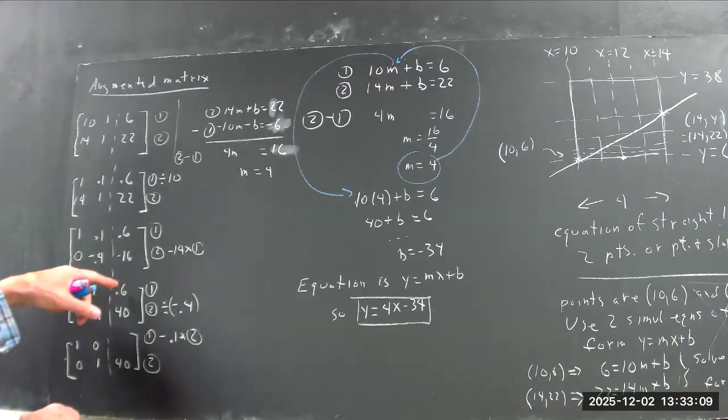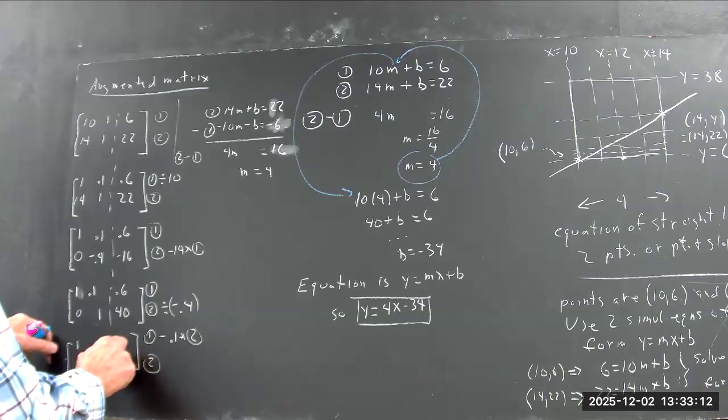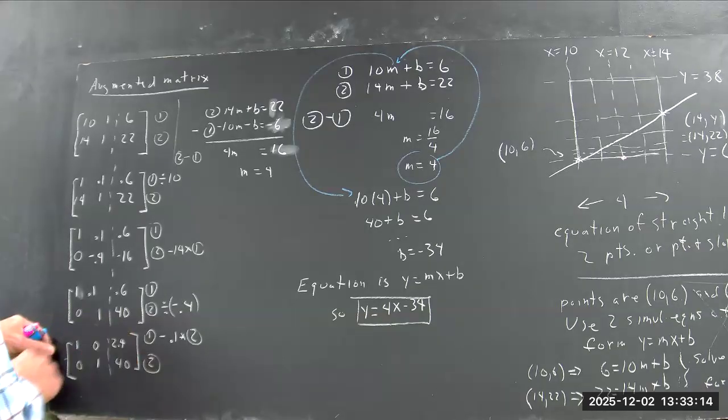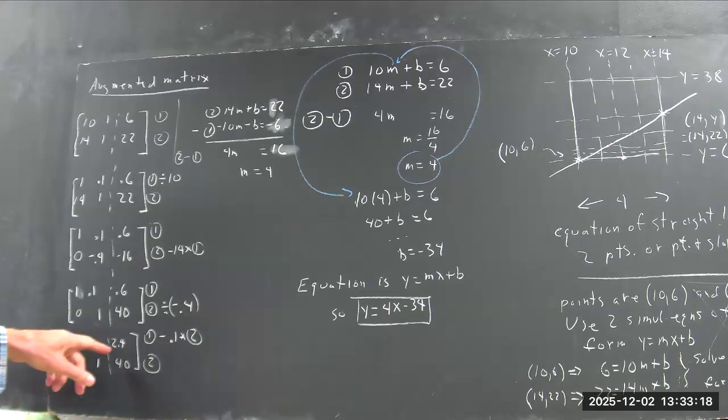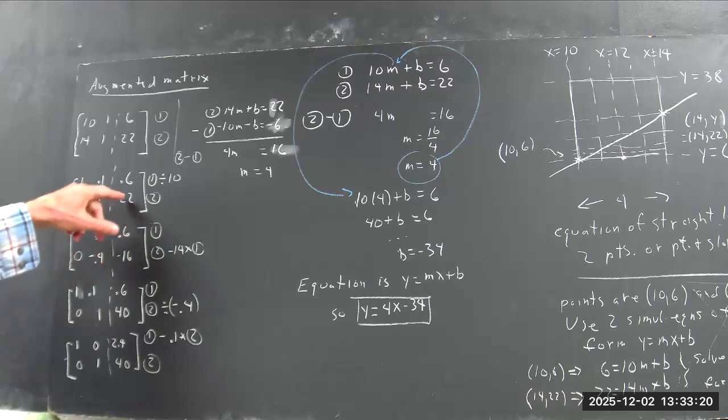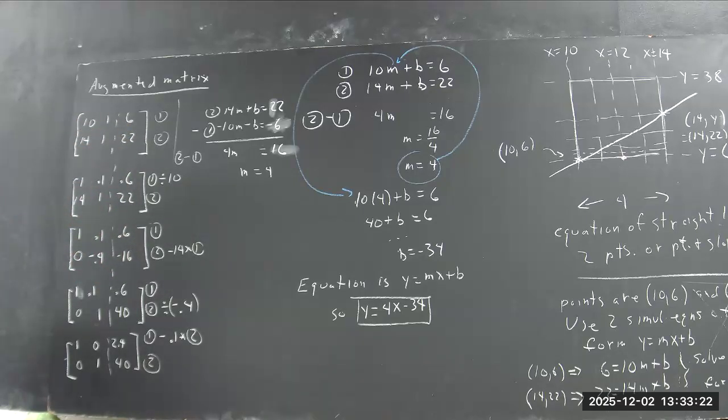1/10 of 40 is 4. 40 minus 6 is 2.4. And I'm supposed to get 4 there. I need to get 4 there. So something is wrong somewhere. But all I've done to this row is divided it by 10. That's got to be accurate all the way down.